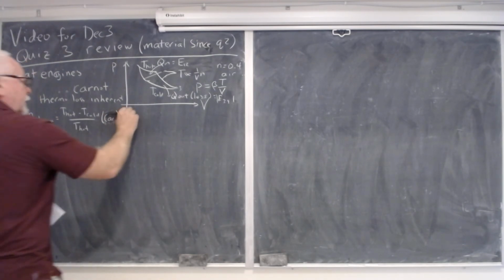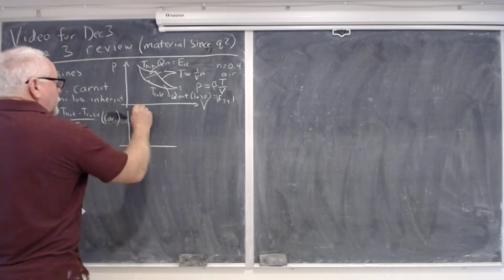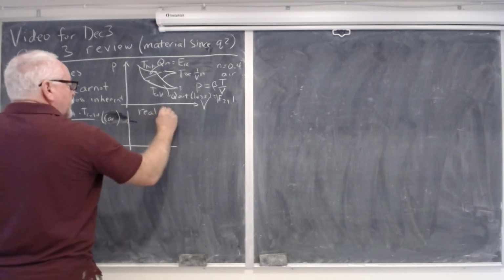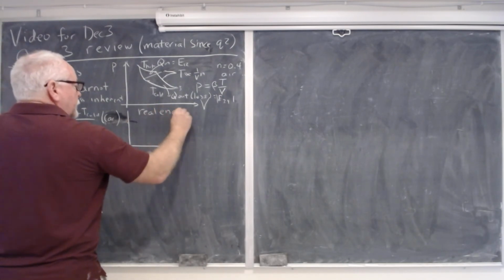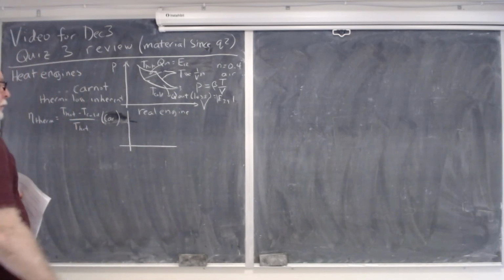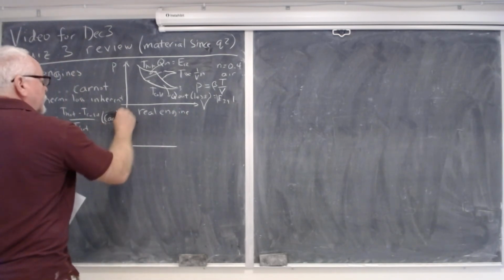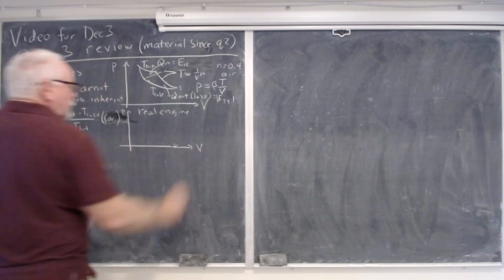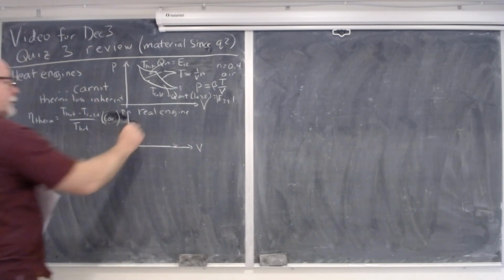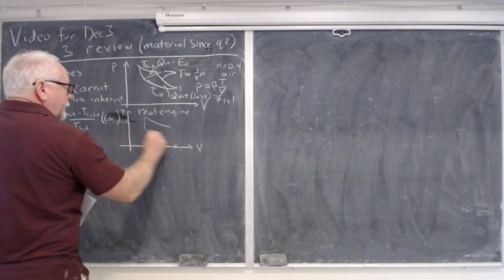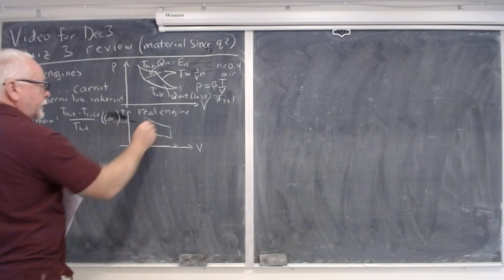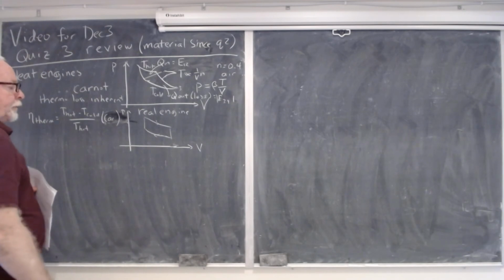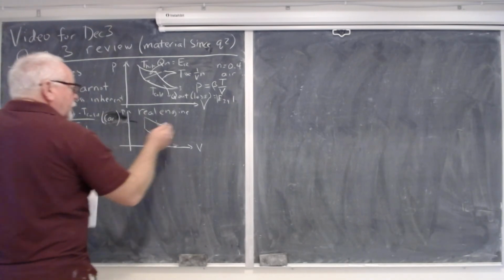Now for a real engine, so that's for Carnot, and this is for a real engine, a car engine. Whatever it is, and we learned the Otto cycle. And I'm just going to draw kind of an arbitrary cycle here. It's the same thing.